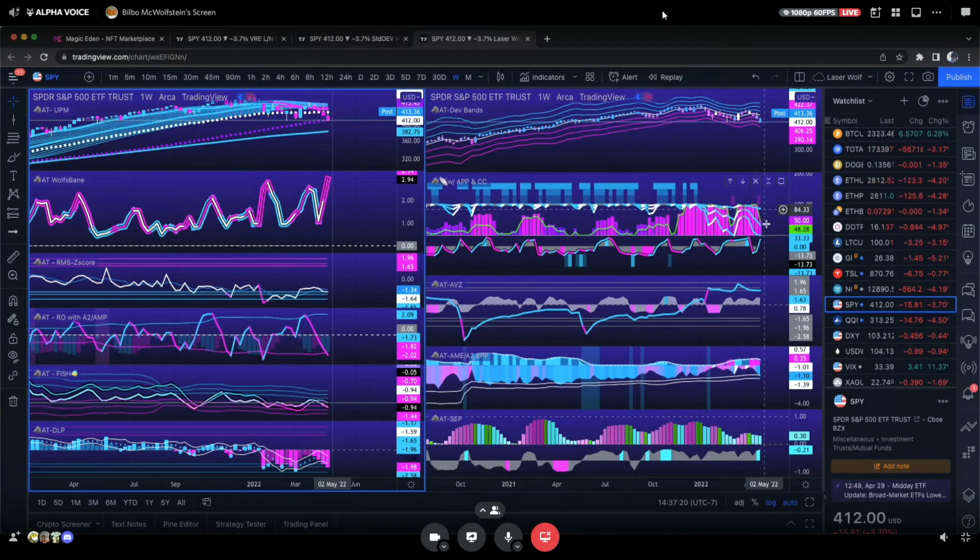Contracting volatility too. Literally fell off a cliff from 100% on the weekly to closed at 50, positively correlated. If that continues going into next month, oh boy, could be bad.